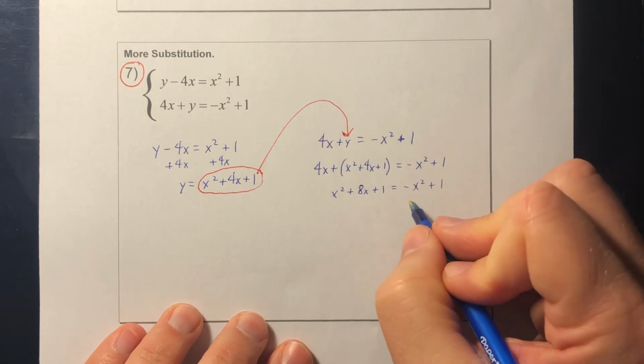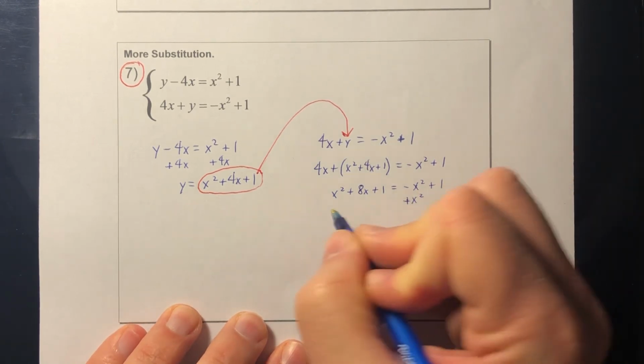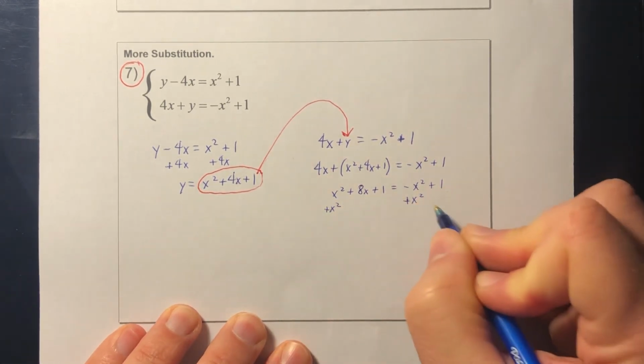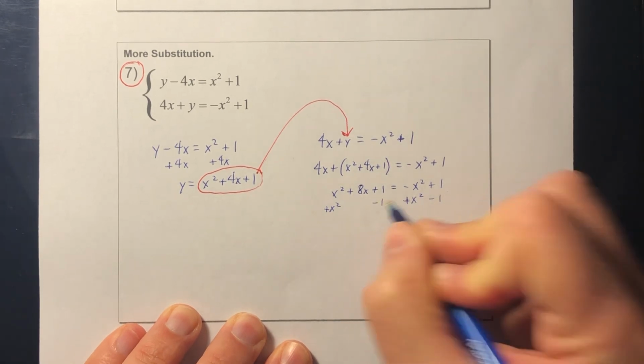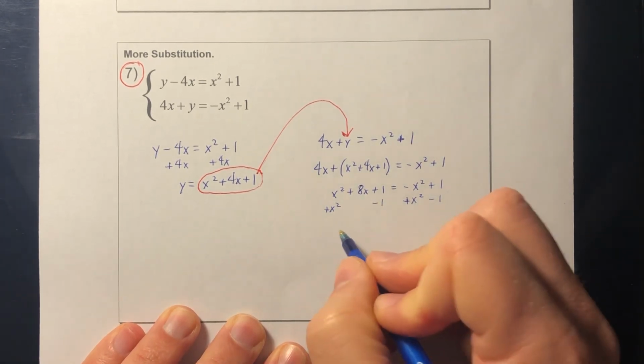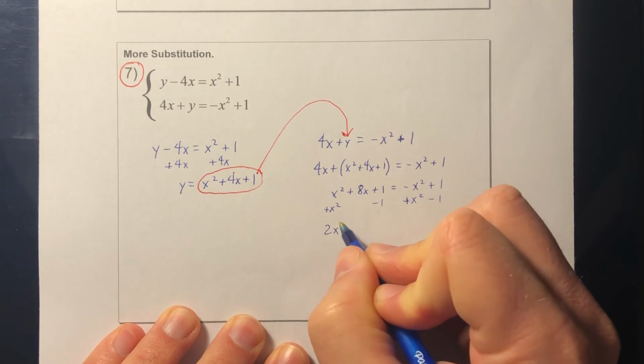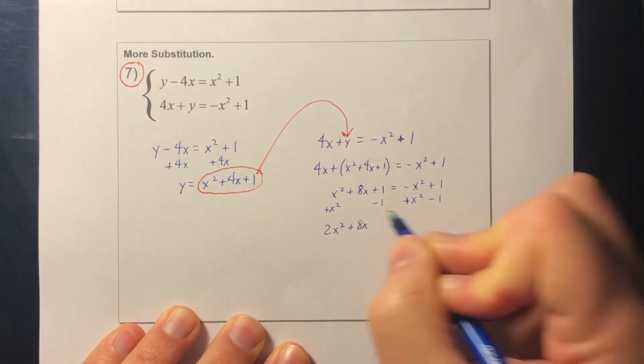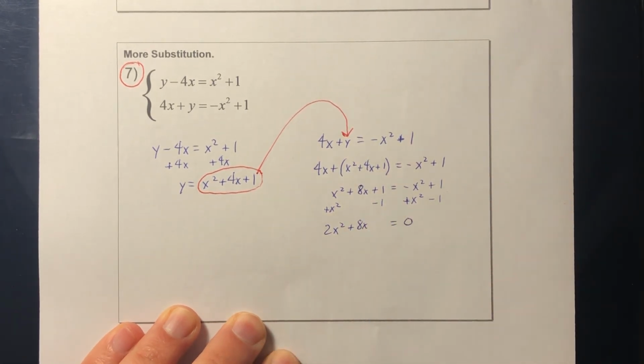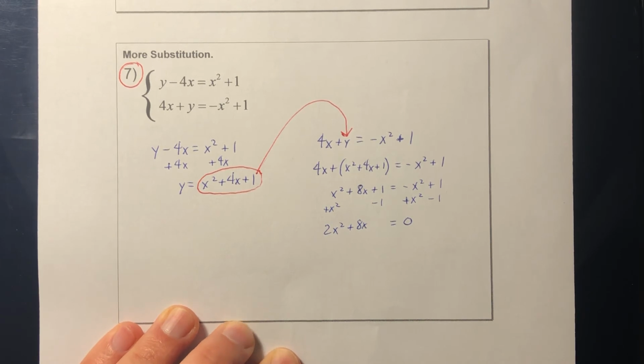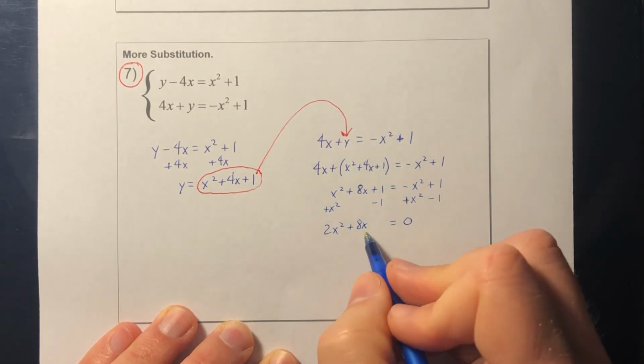Now we will need to get the x squared over here, so we're going to add that to both sides. And we can also subtract the 1 from both sides in the same step. So with quadratics, we're bringing everything to one side. So when we clean up, we're left with 2x squared plus 8x is equal to 0. Now this one's a little easier.